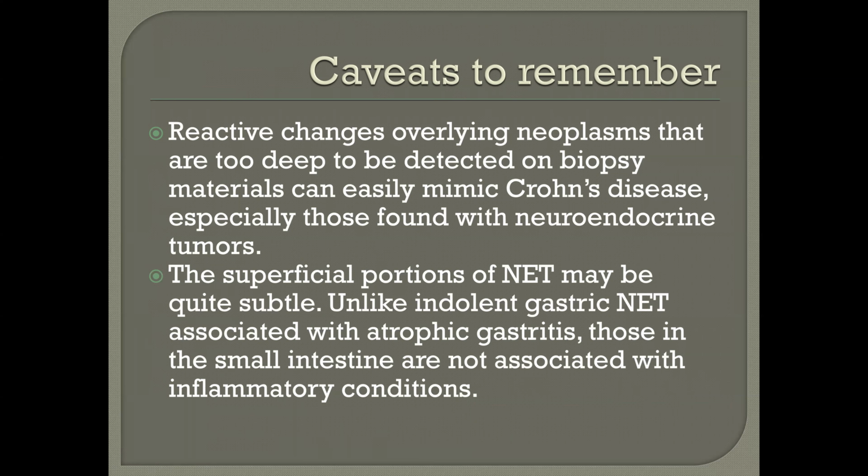And also remember that sometimes your neuroendocrine tumors that are superficial can just look like inflammatory cells or clustered crypts and things of that sort. But that can be very serious because, especially in the more distal ones, the neuroendocrine tumors are quite significant, and they're not like the indolent tumors we would often encounter in the stomach associated with atrophic gastritis.